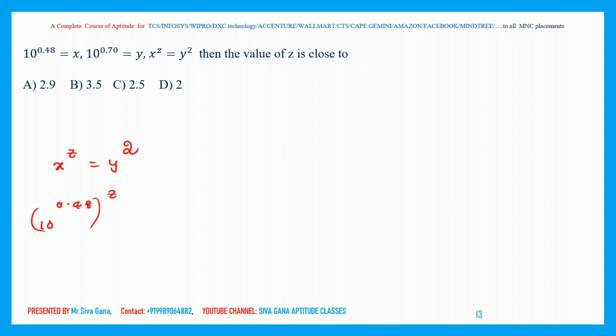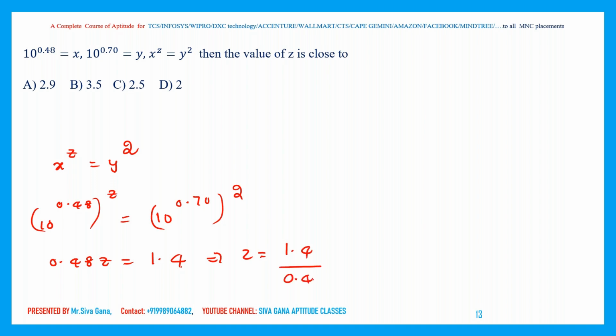Power z is equal to y, which is 10 power 0.70, and its power is 2, which means 0.48 z is equal to 1.4. 0.7 into 2 is 1.4, which means z is equal to 1.4 divided by 0.48. If we take this as 0.5, it approximately gives, which is closer to 2.9.